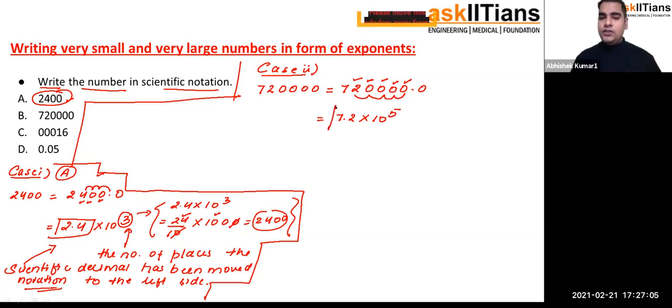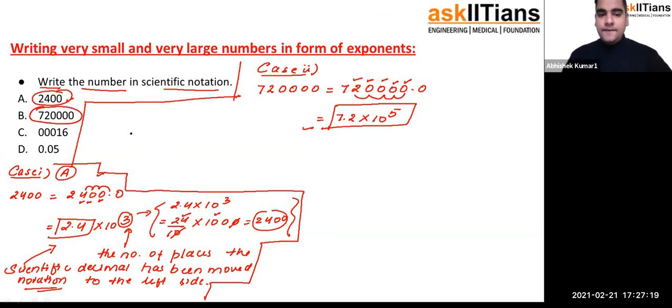So this form that you got here of this particular number is the standard form, or the scientific notation. And if you simplify this value, you are going to get exactly what has been provided here. Is it clear? Please go through these two examples first before I move to the third and the fourth example.